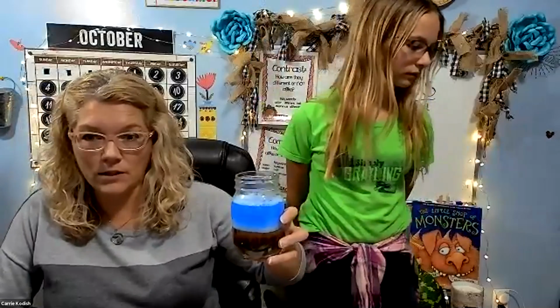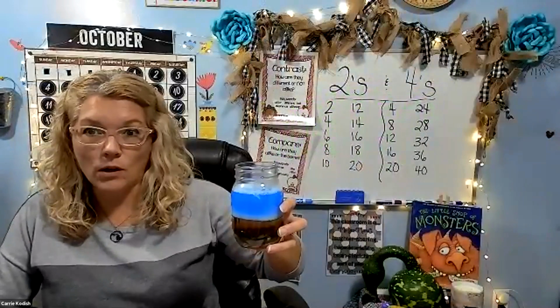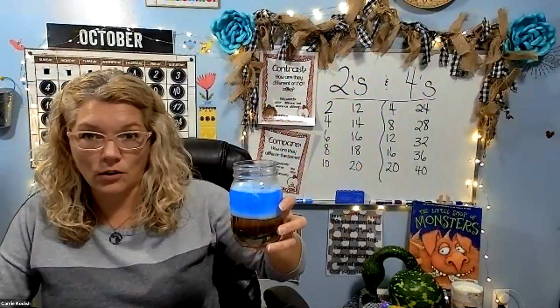And then the last and final layer is called the exosphere. The exosphere is where most satellites orbit. Enter Earth, enter space through here.